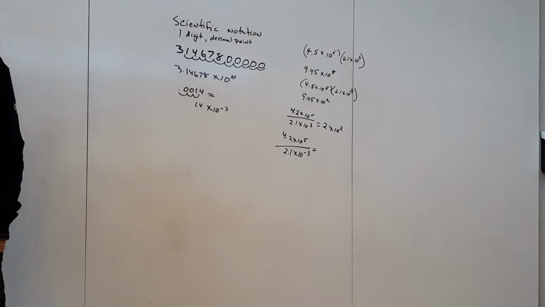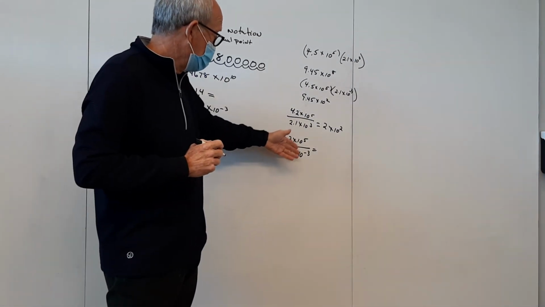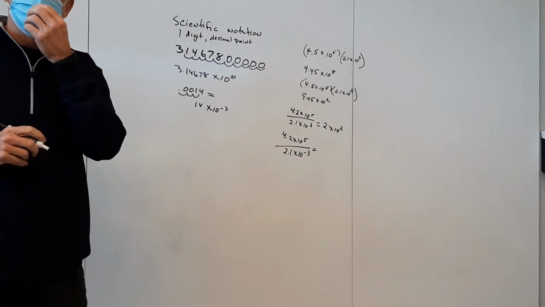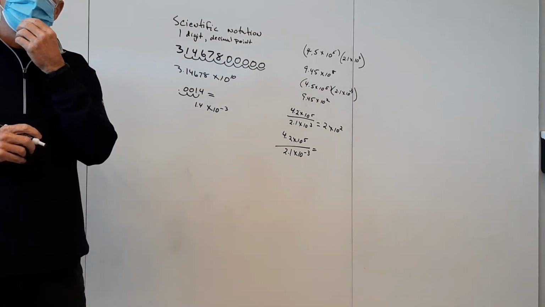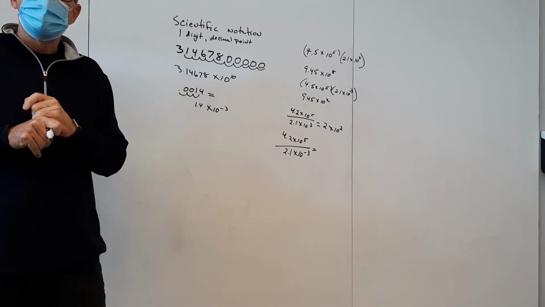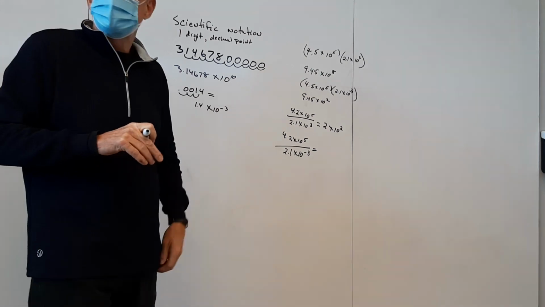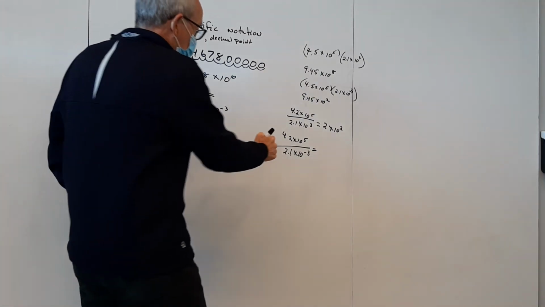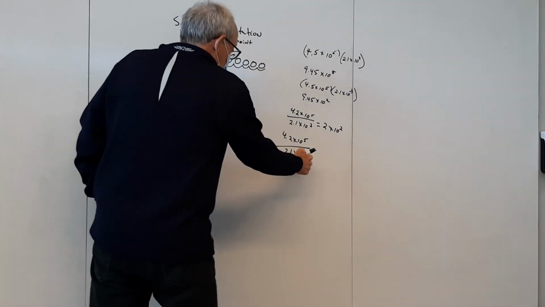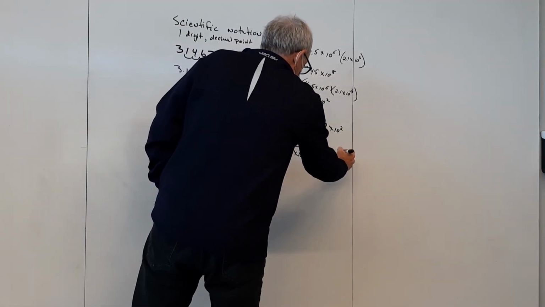Got it? It should be 2 times 10 to the 8th. Is that what you got? 200 million times 10 to the 8th? Yeah, that's right. Everybody see that? Because you're subtracting, a minus minus, so it's 2 times 10 to the 8th.